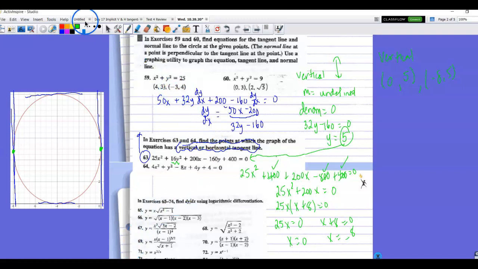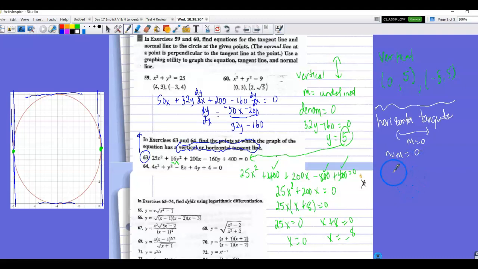So let's change colors. Let's go to a white over here. On the right-hand side, now I'm going to look for my horizontal tangents. To get the horizontal tangents, remember a horizontal line looks like that and has a slope of 0. So we're going to set the numerator equal to 0.